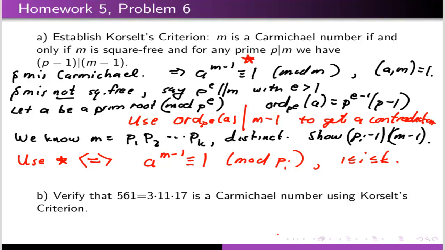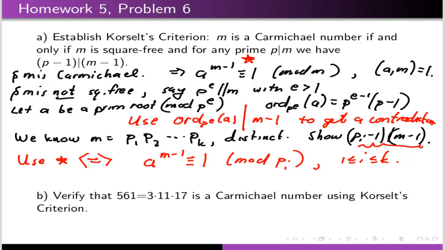These are distinct prime factors here. Okay, so I think that should do it. So now we've got this is true, and what do you know about elements in here? And again, remember star is holding for arbitrary a, so think of an appropriate choice of a to get this conclusion right here.